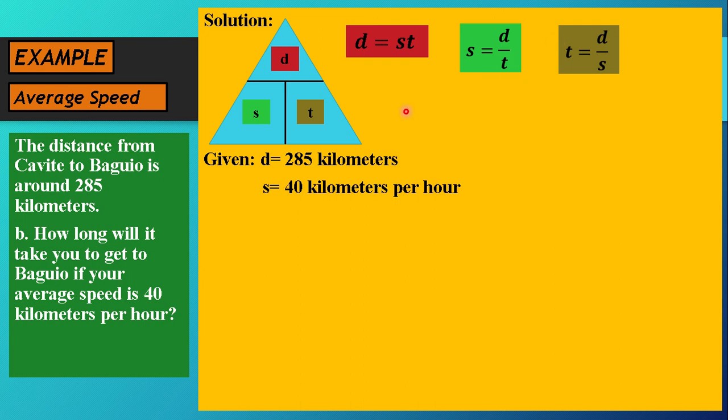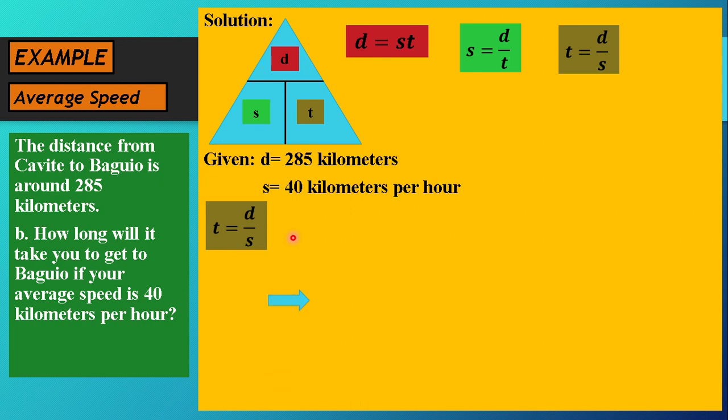So, ang given natin, the distance from Cavite to Baguio ay 285 kilometers. At yung speed na given ay 40 kilometers per hour. So, ang tanong, gaano ka daw katagal makakarating sa Baguio kung ang bilis ng pagpapatakbo mo ay 40. So, gamitin lang natin yung formula, T is equal to D over S. So, substitute lang natin itong mga given dito sa formula.